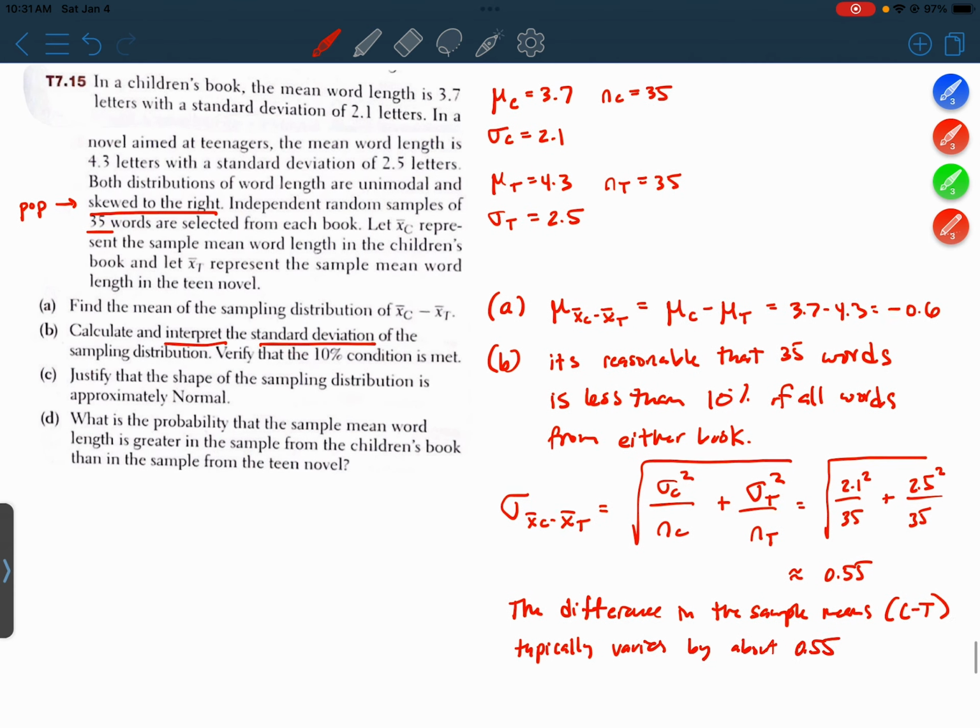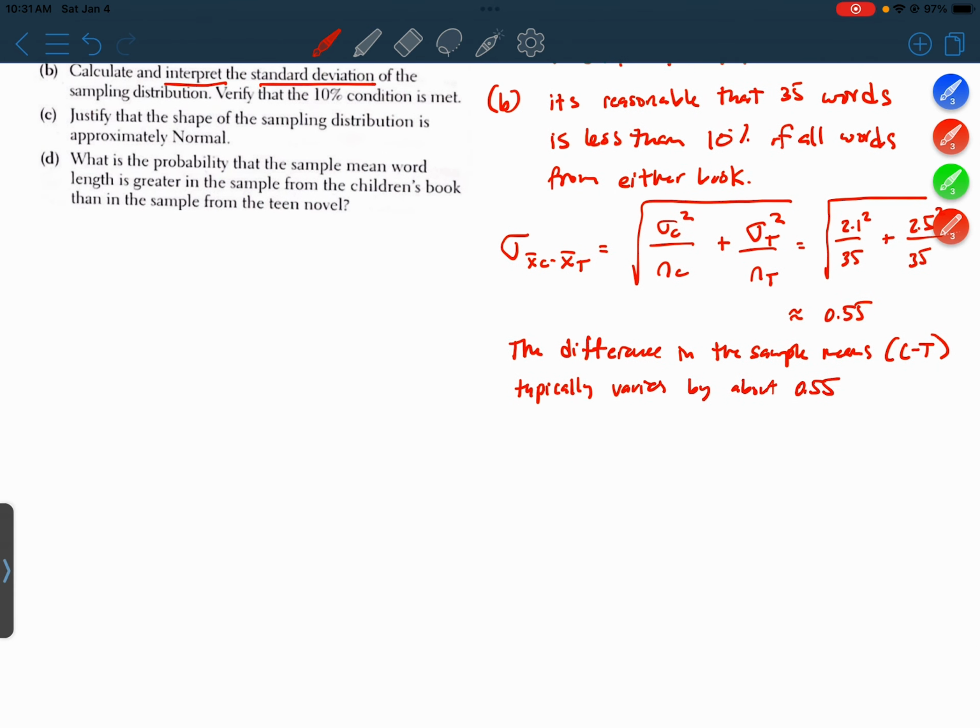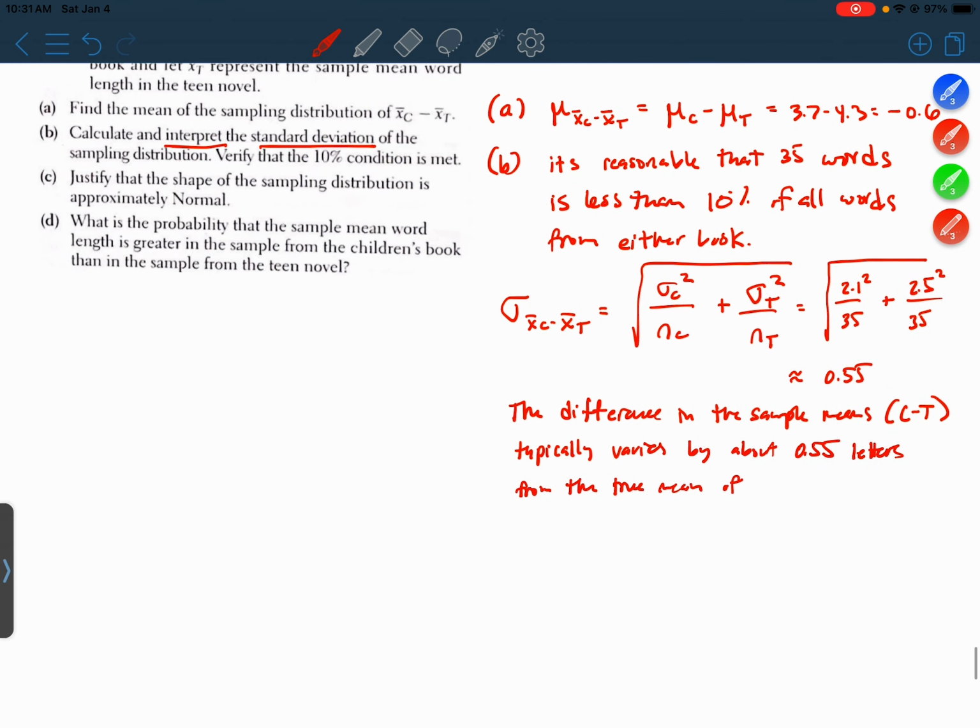We're talking about word length, so that's the number of letters in a word. The difference in the sample means typically varies by about 0.55 letters from the true mean of negative 0.6. Now the reason why the true mean is negative is because we expect the children's book to have a lower average word length than the teen book.